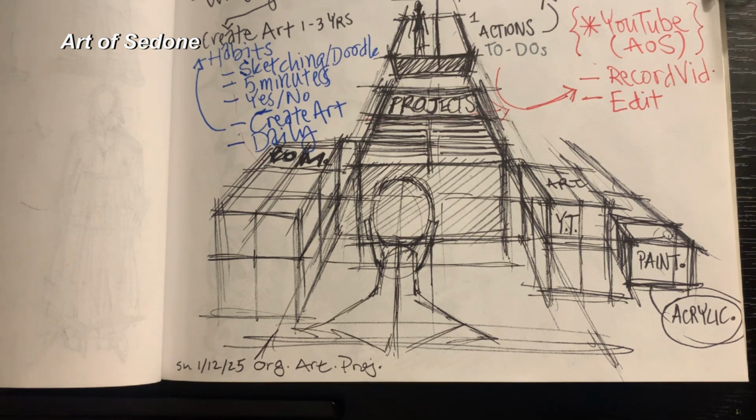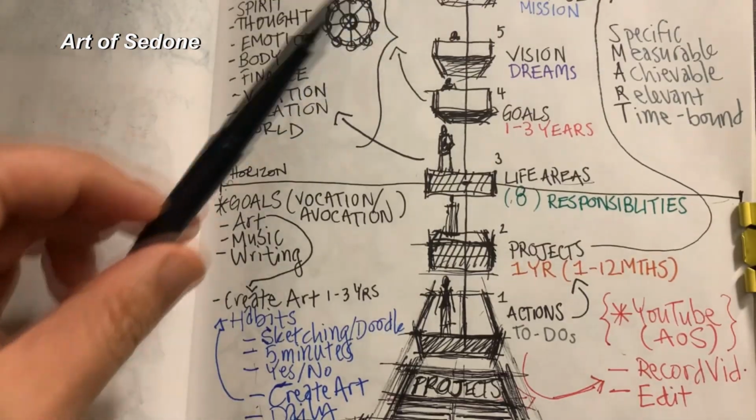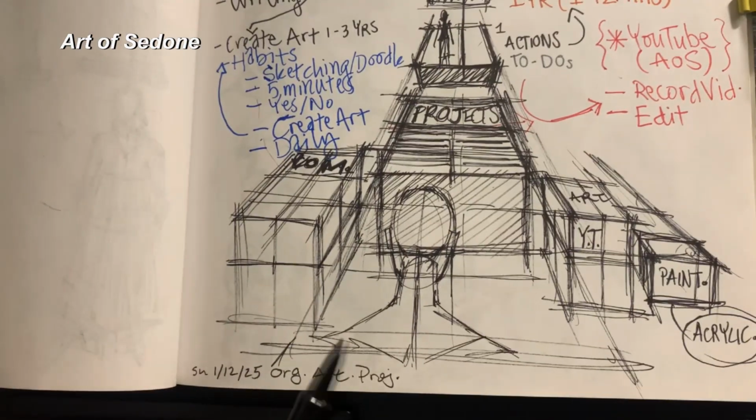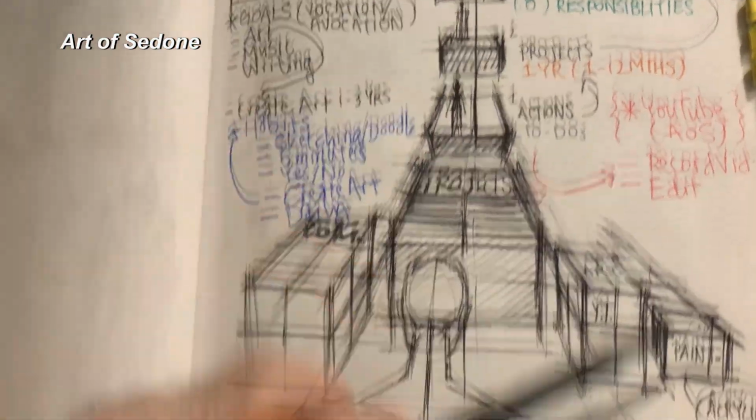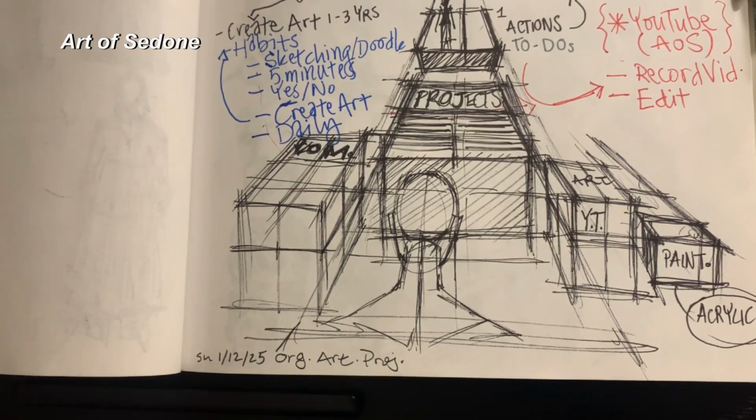Just to close out this video, there were times when I didn't have as much time to work on my art, but I still had a plan and a system, and I stuck with it.